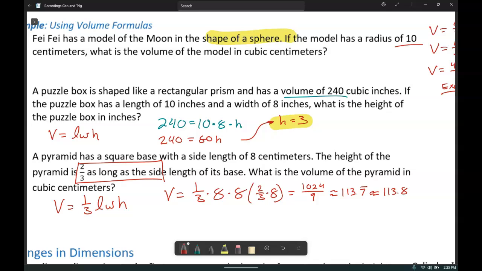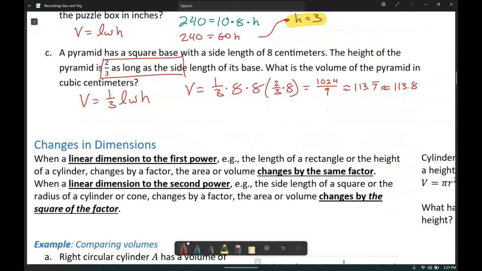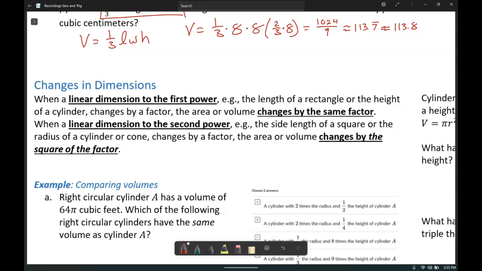Now, the next thing that we're going to cover is a little bit more complicated, but once you get the hang of it, you really understand, is changes in dimension. When a linear dimension to the first power is changed by a factor, the area or the volume changes by the same factor.